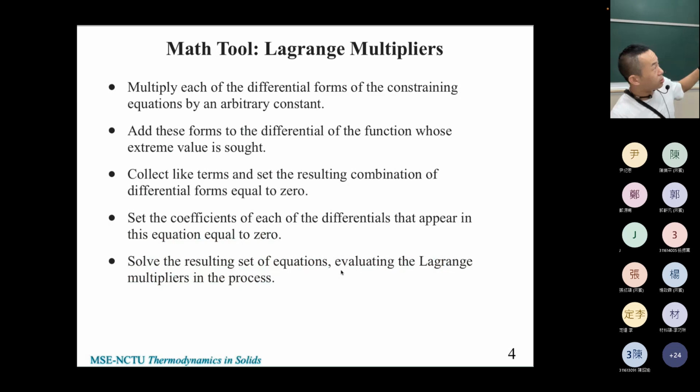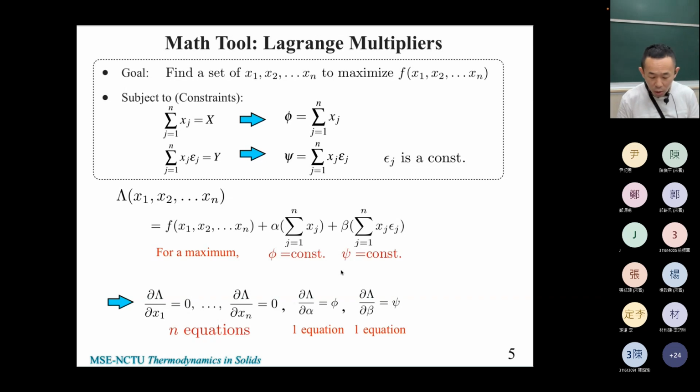Okay, so what can we do for this? Our goal is to find a set of x1, x2, xn to maximize the function f of x1, x2, xn.